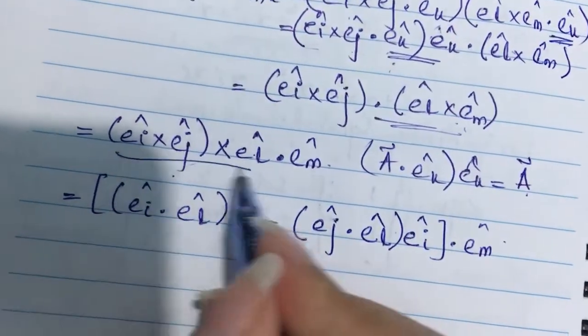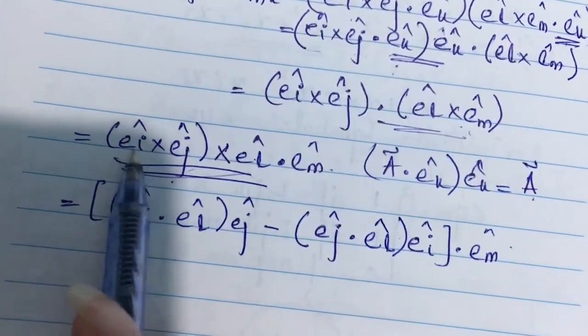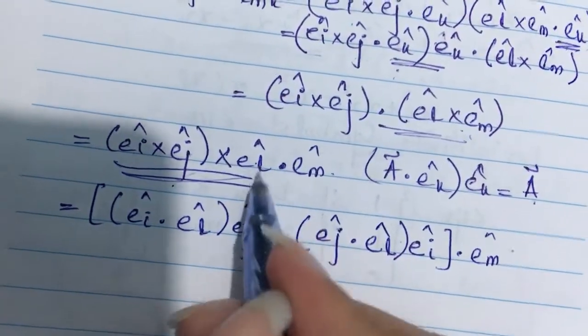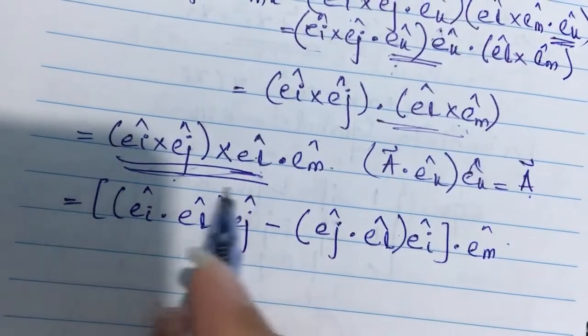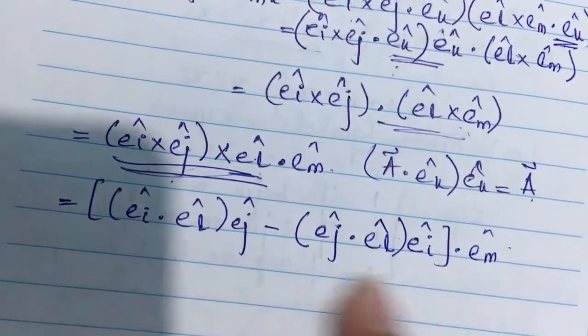So this is basically the cross product of e_i, e_j and e_l. So if I open this result, I get this value.